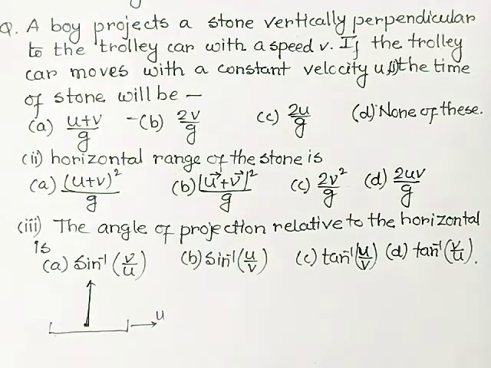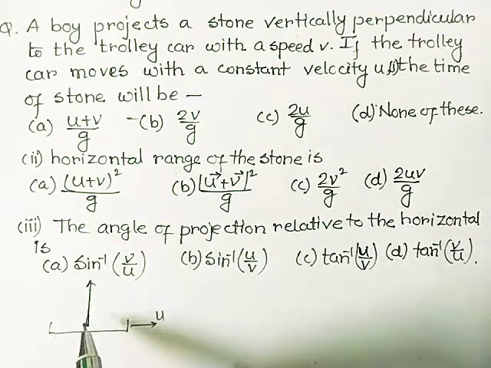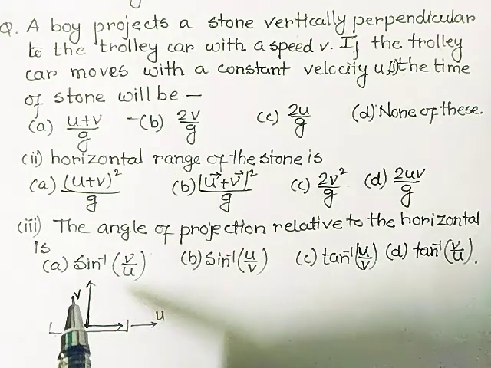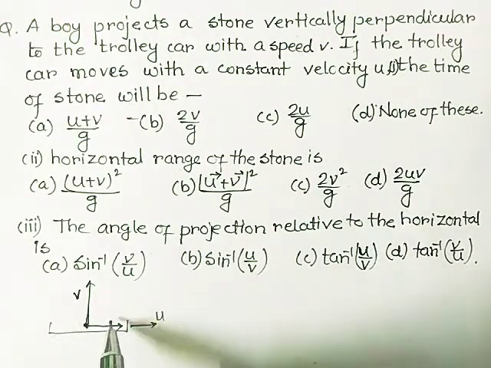When the stone is projected vertically upward, since the particle is within the trolley car, the horizontal velocity of the particle is obviously the same as that of the trolley car. So the stone has two velocities. Due to throwing, it has a velocity v upward. Due to the motion of the trolley car, it has the velocity u along the horizontal.